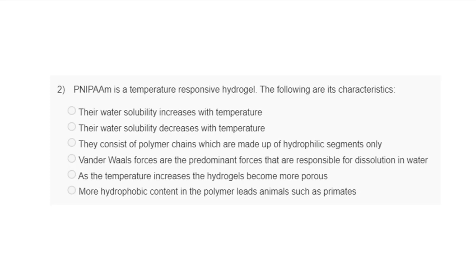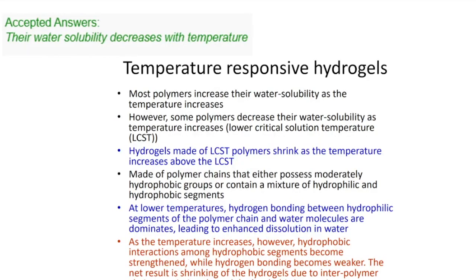Okay. So for temperature responsive hydrogels, the main characteristic is that their water solubility decreases with temperature. So at higher temperature, they will be less soluble in water, and there is a lower critical solution temperature, LCST. Above this temperature, they are less soluble, and below this, they are more soluble in water.